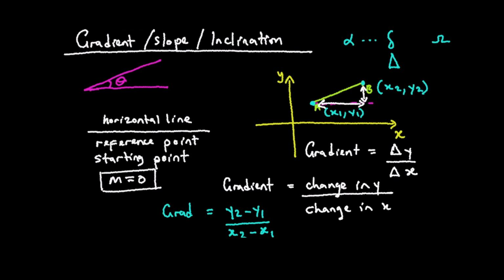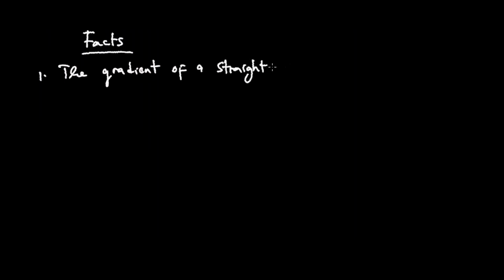Then other facts we are going to be dealing with when we start questions. Number 1, the gradient of a straight line is constant.